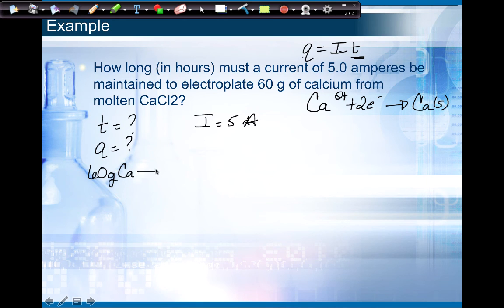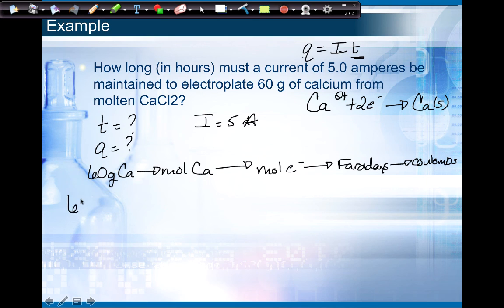So I'm going to go from grams of calcium to moles of calcium, and then I can go to moles of electrons. That'll tell me how many Faradays I have, which can be converted to coulombs. And once I know my coulombs, I can plug it into this equation right here.